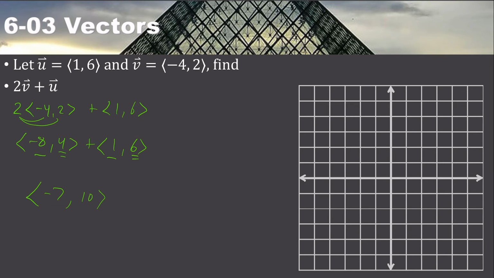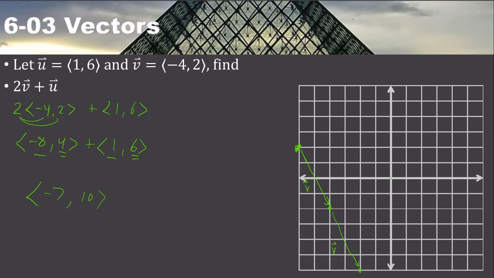All right. So let's say I start right here. Let's say I go down 4 over 2. So that's my first vector v. And then from there I go down 4 and over 2 again. So there's my second vector v.